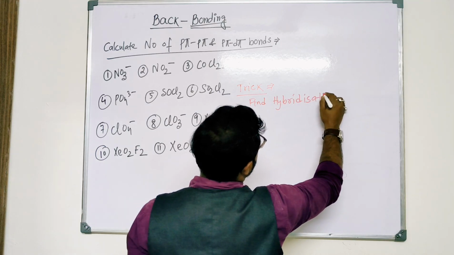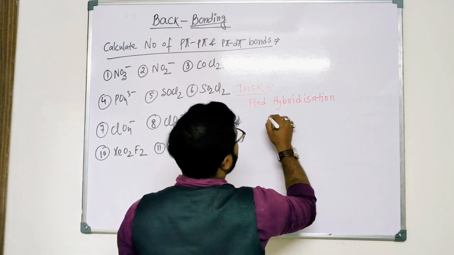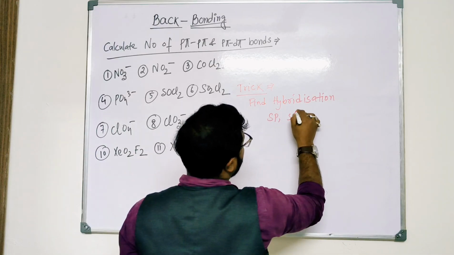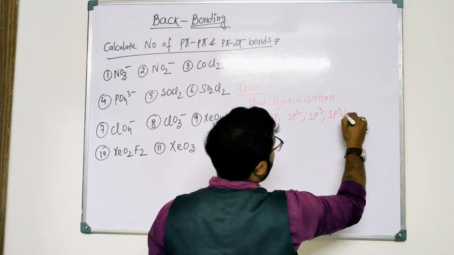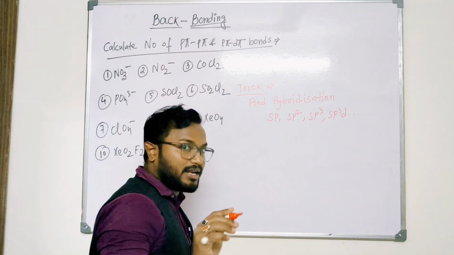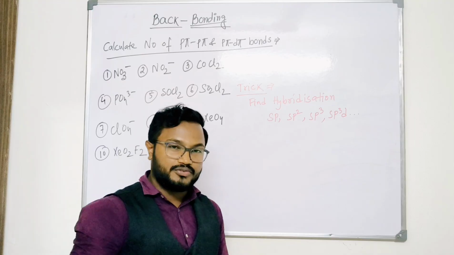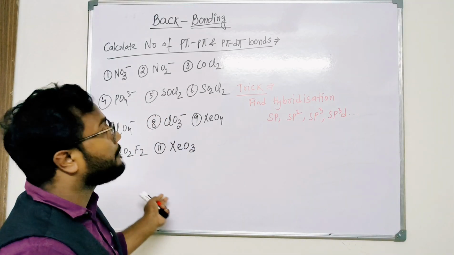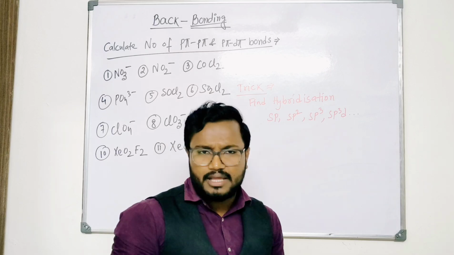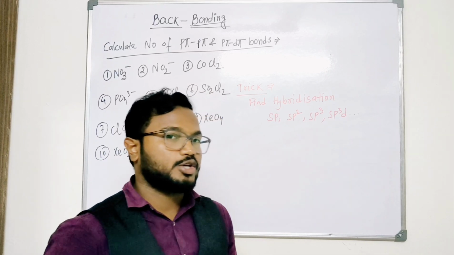Find hybridization, and hybridization should be sp, sp2, sp3, sp3d, etc. If there is no hybridization, then it cannot be found out. For example, any molecule we are taking, PH3, it has no hybridization. Why does it have no hybridization?